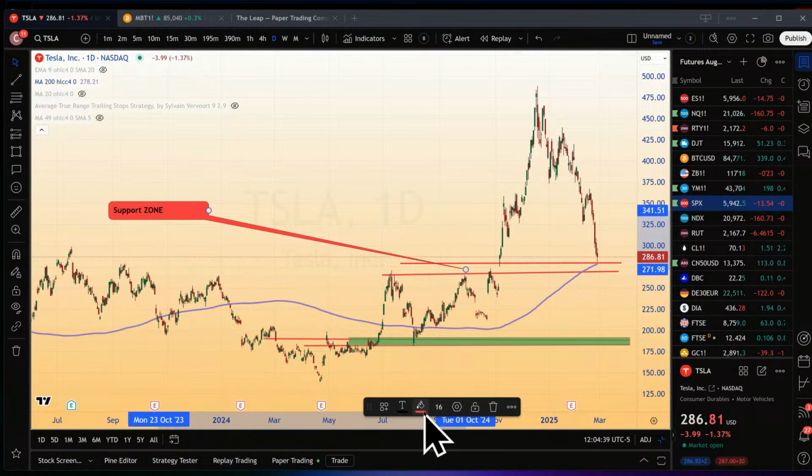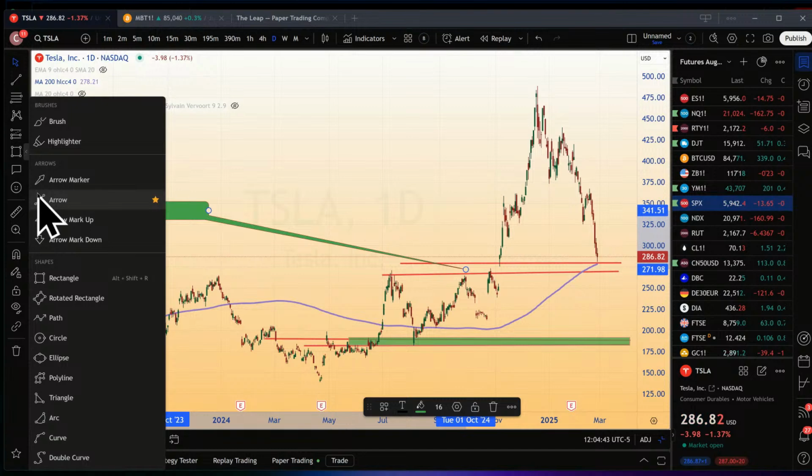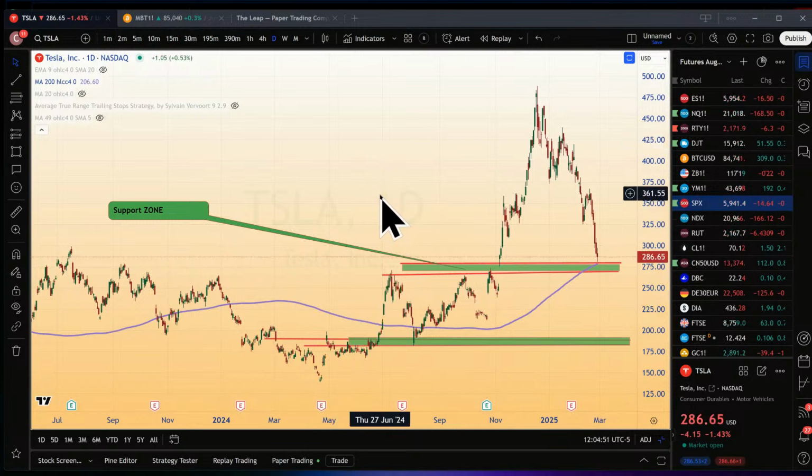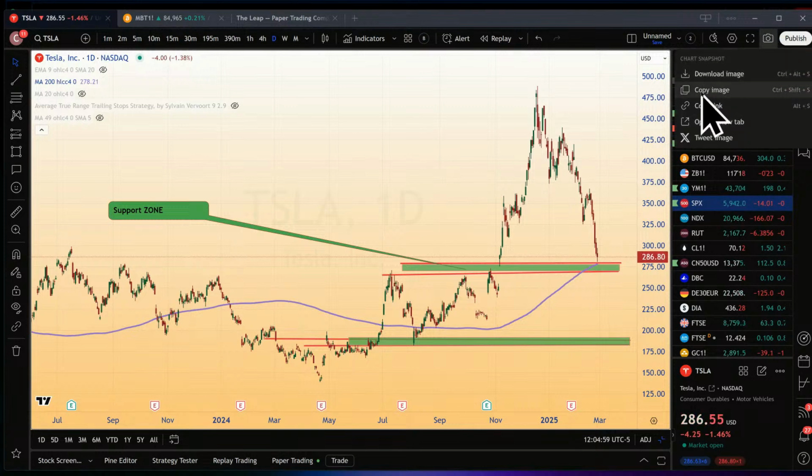So I can make that green for you. There you go. And I'm going to put this green so it has a fill in for you. Just keep this in your hip pocket. So theoretically, it's at the zone. But like I said, Tesla has a habit, like here, of getting under the 200, but going to price support. So let's put that in there for you. Here you go.